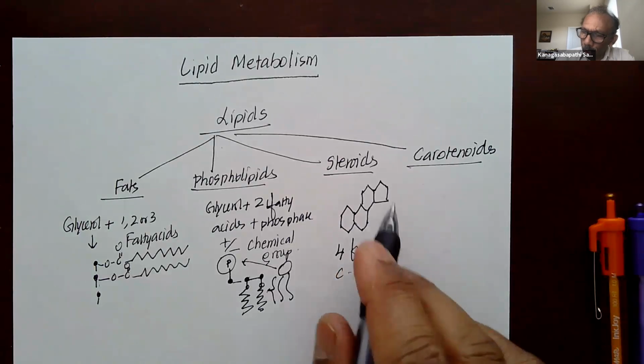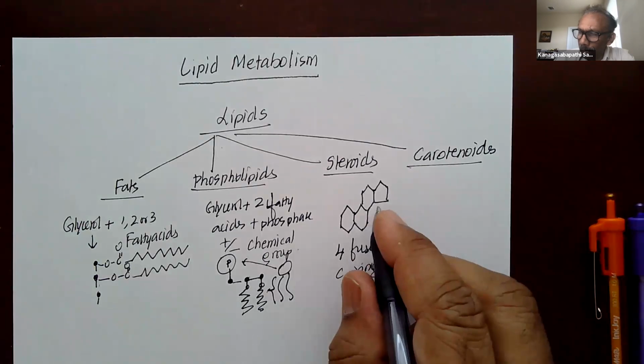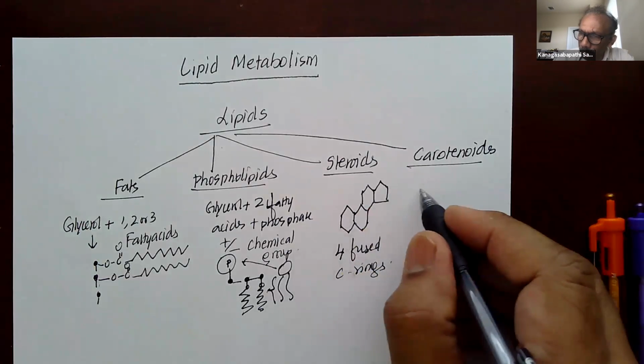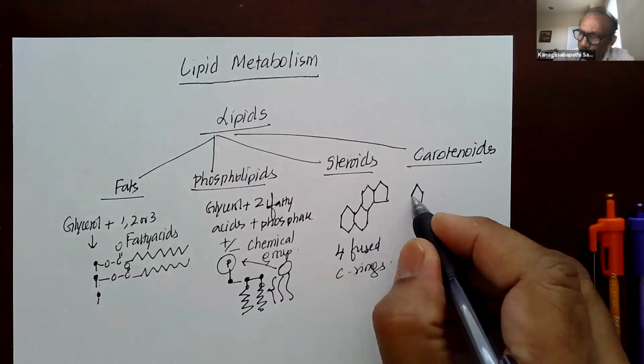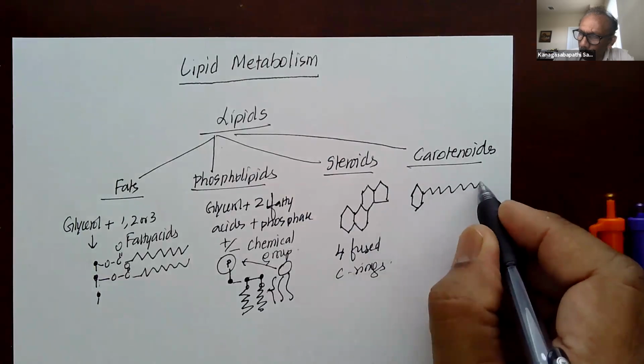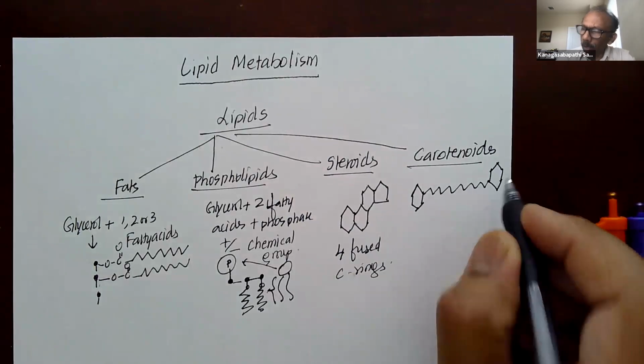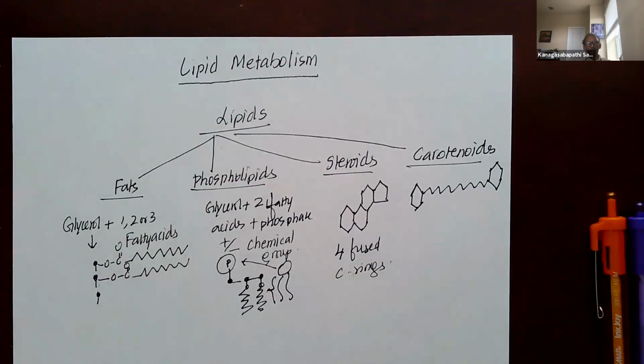If you look at these structures, they are mainly hydrocarbons, and the same with the carotenoids. They have 2 ring structures connected by a hydrocarbon chain, and that's what a carotenoid looks like. So that's an overview of the different types of lipids.